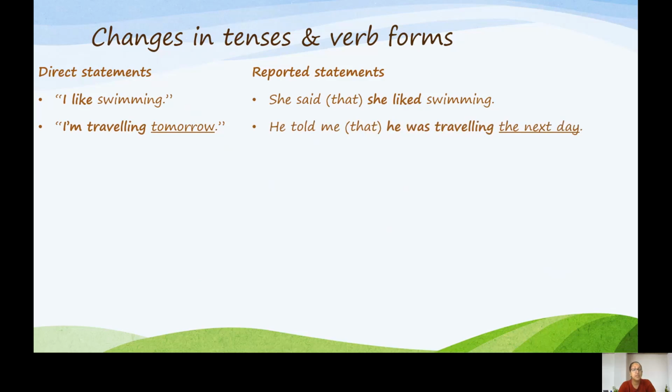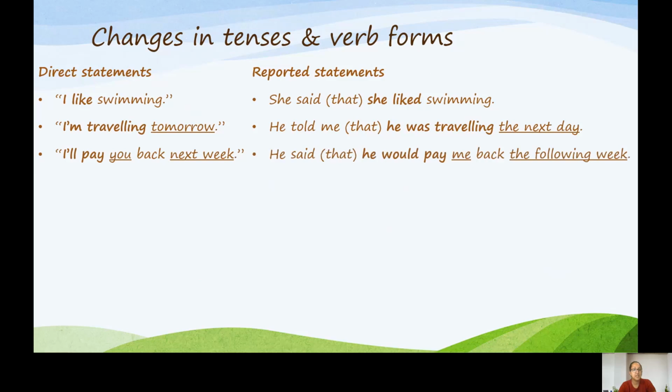He told me that he was traveling the next day. The present continuous becomes past continuous, and tomorrow becomes the next day. I'll pay you back next week. He said that he would pay me back the following week. The will becomes would, and next week becomes the following week.